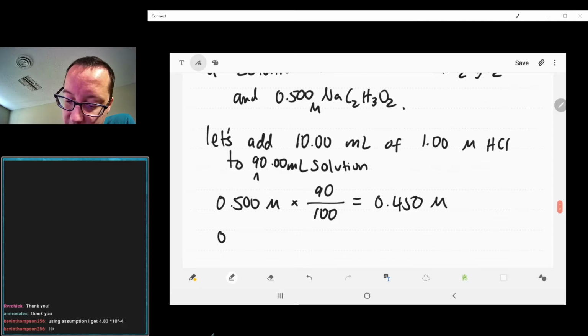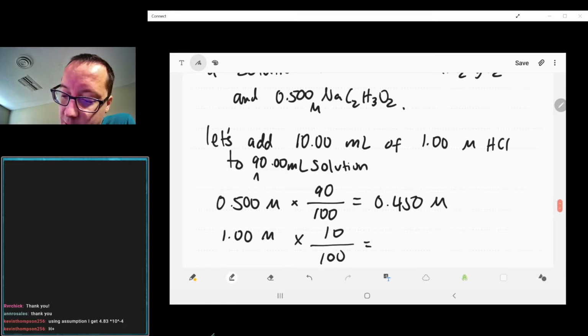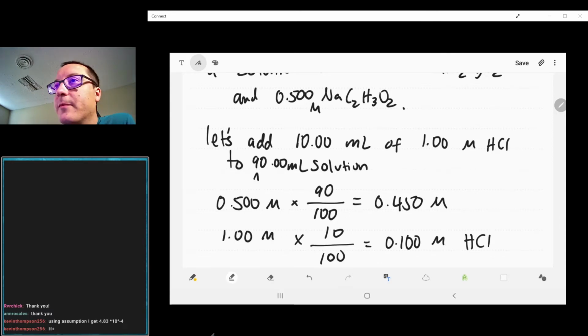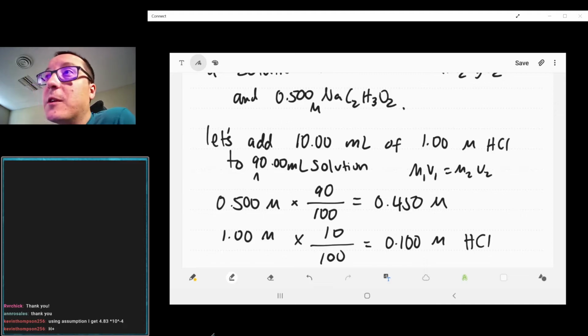And for our 1 molar HCl, we're going to really be having 0.1 molar of that, with the volumes that we've put in here. So again, just using the M1V1, M2V2 idea, so the molarity and the volume. We had 90 mils originally, but now we're at 100 mils. So we have diluted both of these solutions.